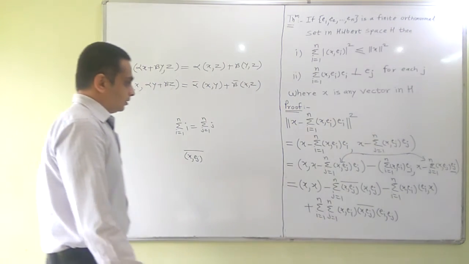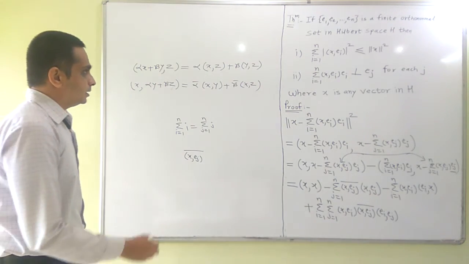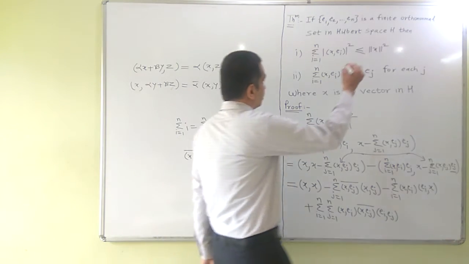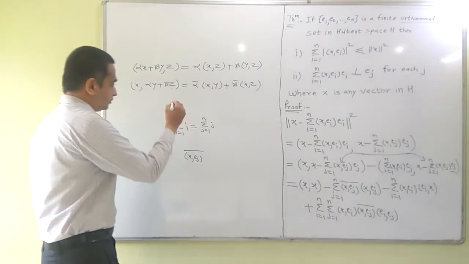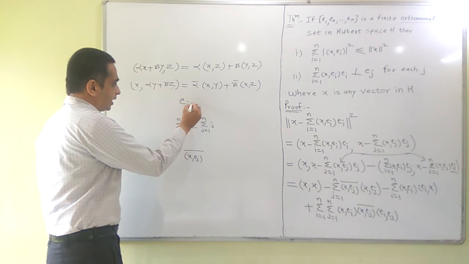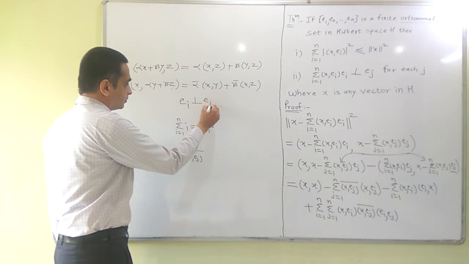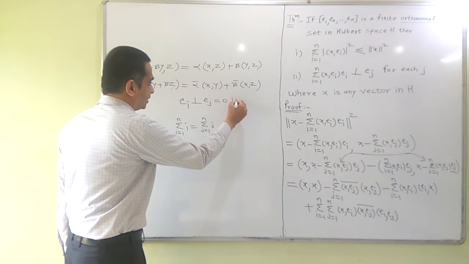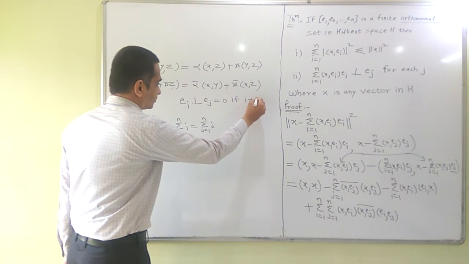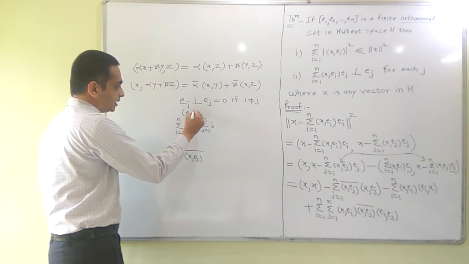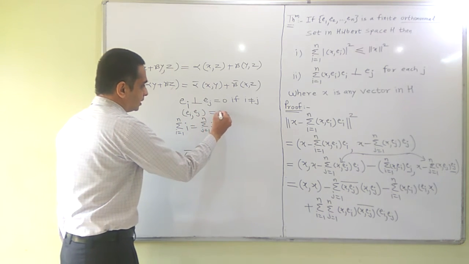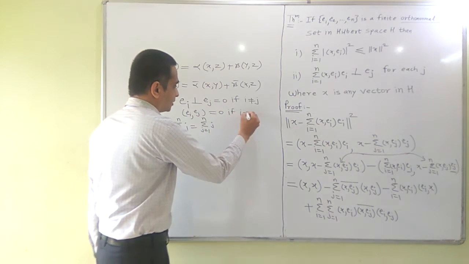Now since this is an orthonormal set, the inner product of ei and ej is 0 if i is not equal to j.